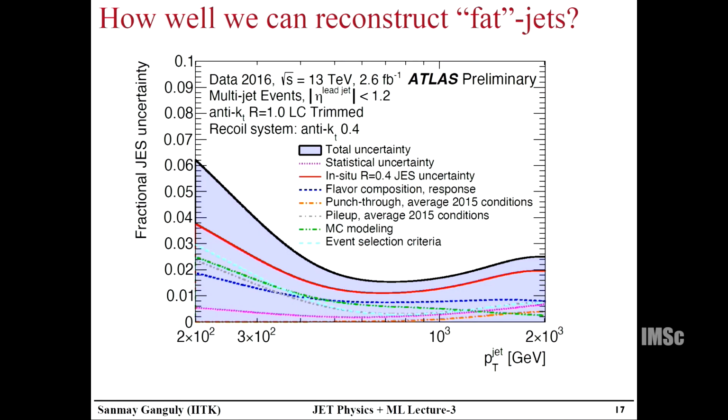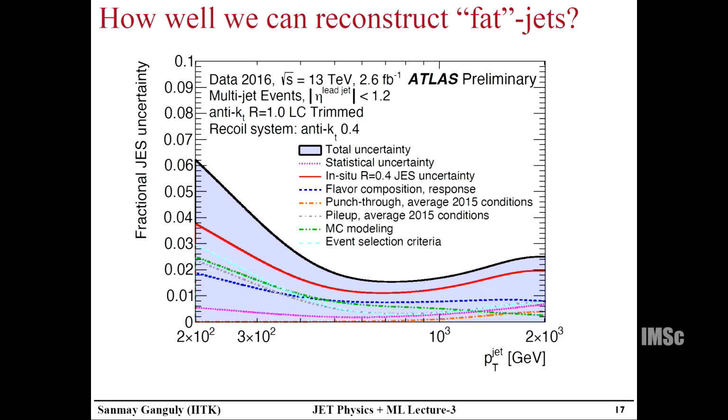This JES uncertainty is for the large radius jet, R equal to 1.0, right? And what about this indicative 0.4? No, so these are normally done with the tag and probe method. Here it says we had a large radius jet, but in the barrel region what we use for the tag is an R equal to 0.4 jet, whose jet energy scale we know even better than this scale, like here 6%, 2%.